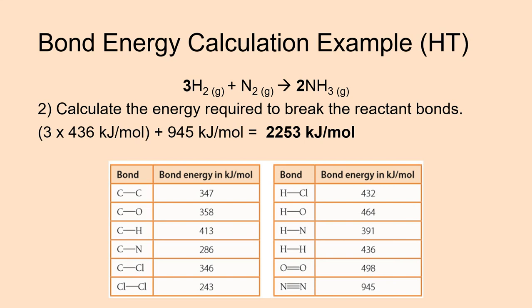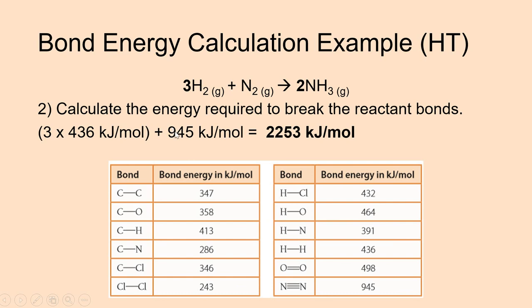Okay, so to calculate the energy required, we have this number here, which is 3 times 436. So that comes from the 3 hydrogen molecules. If you look down in the table below, you can see that the bond hydrogen to hydrogen has a bond energy of 436, and we have 3 of them in our balanced symbol equation.